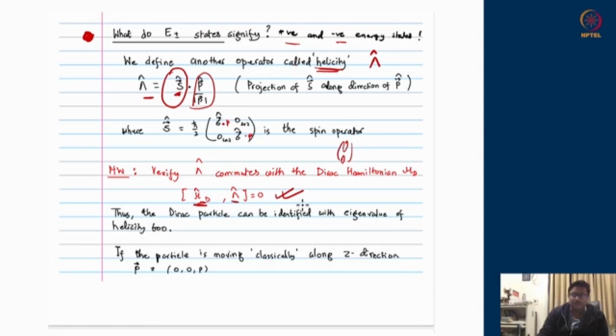So the full solution of the Dirac equation is identified by actually 4 quantities: the 3 momentum p1, p2, p3, that will fix the total energy's magnitude, then a sign, whether it is positive energy or negative energy, and then there is a helicity element which is also there, so call it small h.